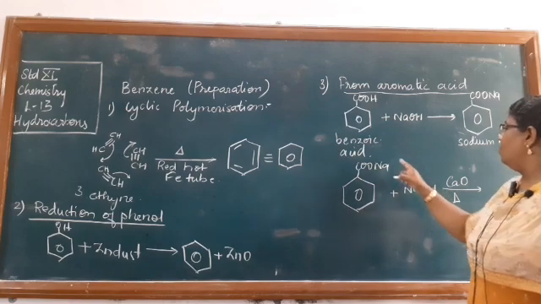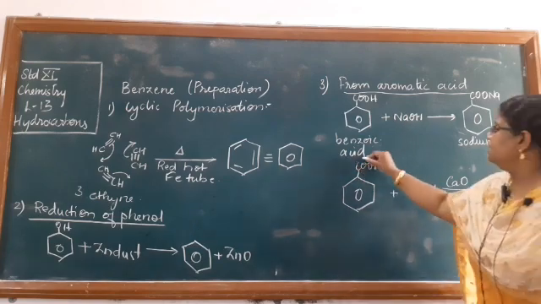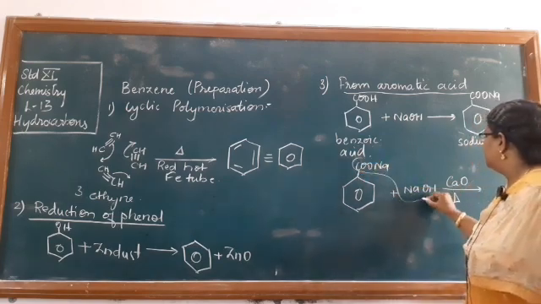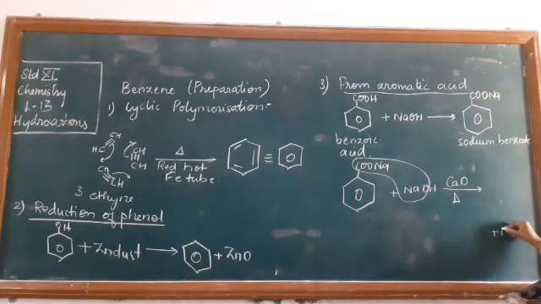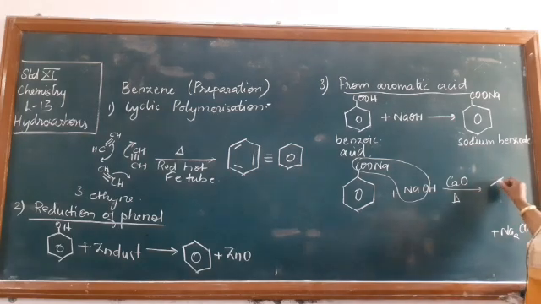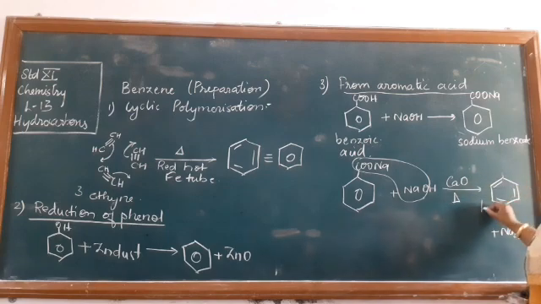The COONa part of the molecule is removed in the form of Na2CO3, sodium carbonate. So what is remaining? It will be benzene. This hydrogen will get attached here and you will get benzene. So you get benzene plus sodium carbonate.